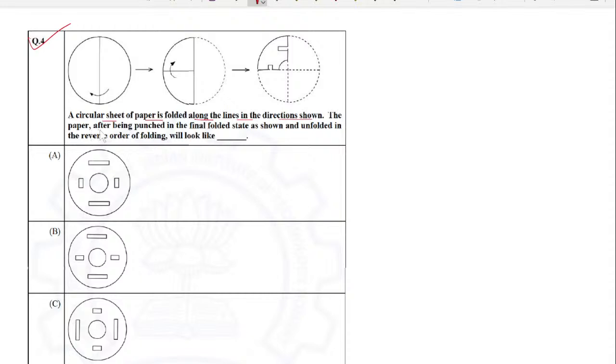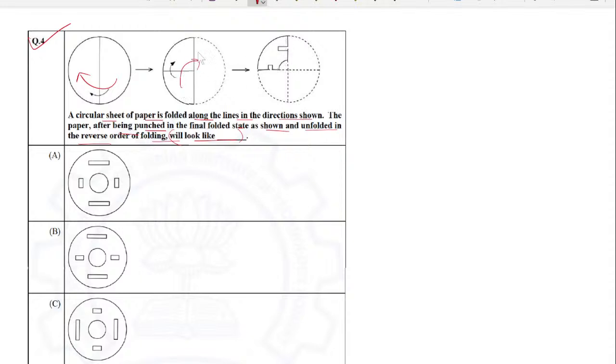After being punched in the final folded state as shown, how will the paper look when unfolded in reverse order of folding? First we fold this way, then we fold this way and get this.